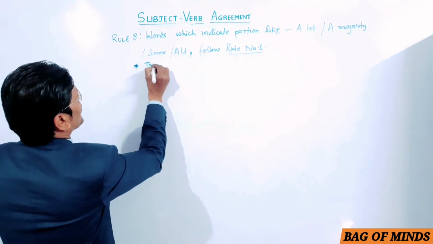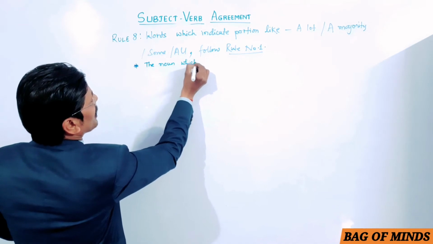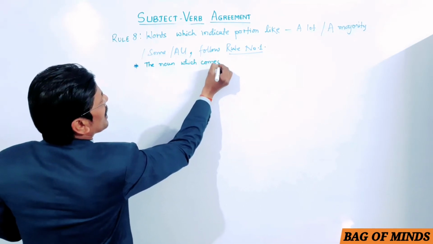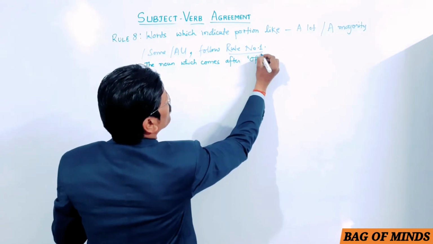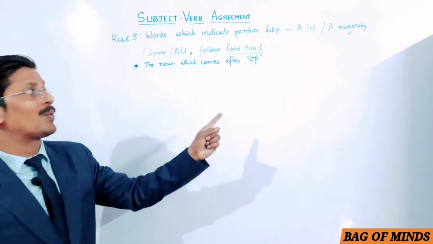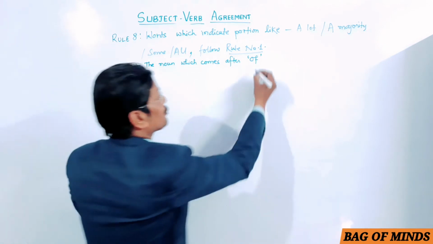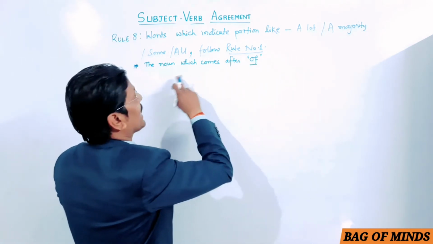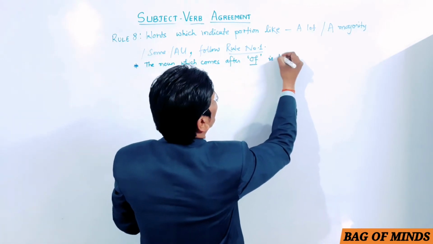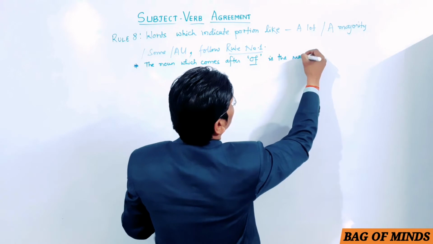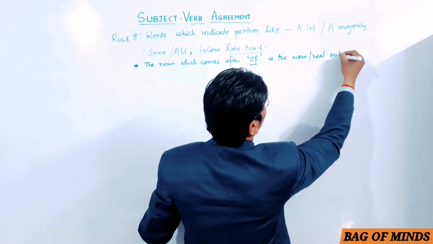The noun which comes after of, because when you use portion you will have to use this word, like a lot of people, a lot of tension, so the noun which comes after of is the main subject or real subject.